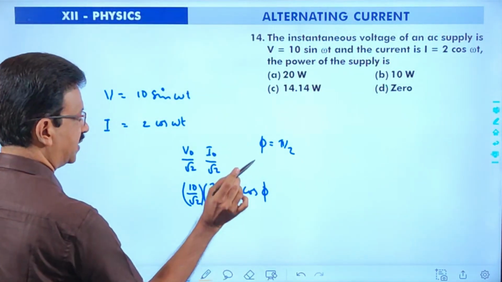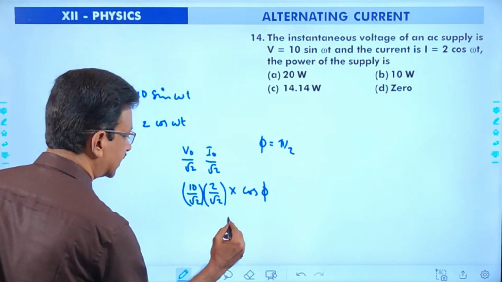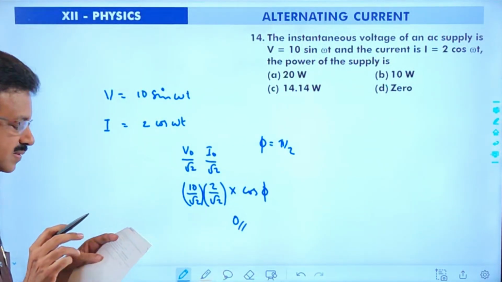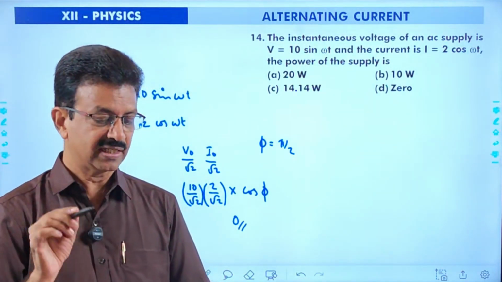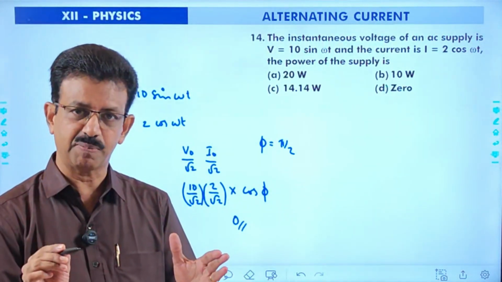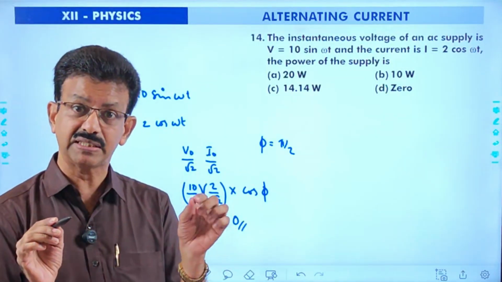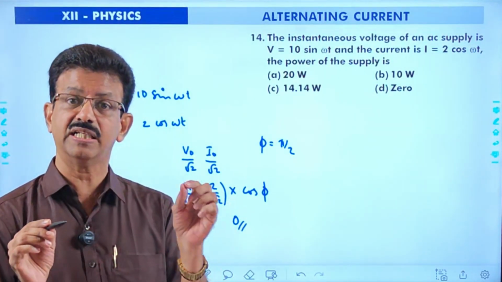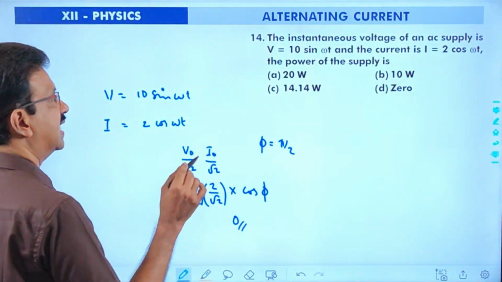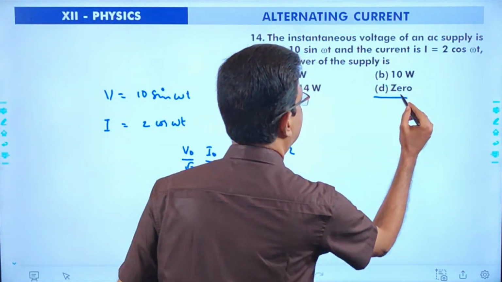Therefore, cos pi by 2 is 0. Therefore, the actual power or average power is 0. Now the question is, the power of the supply. In the given case, the average power is 0 since the phase difference between the voltage and current is pi by 2. Hence the answer is 0. That is, here the correct choice is D.